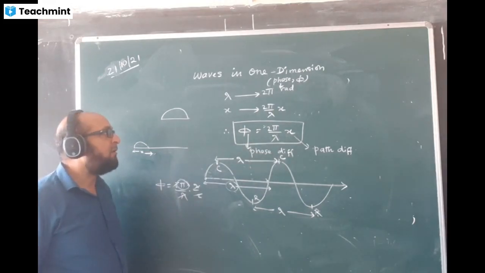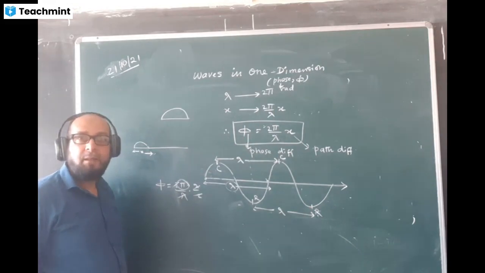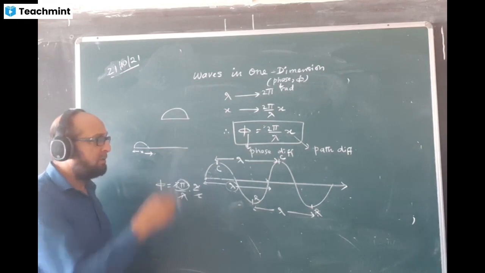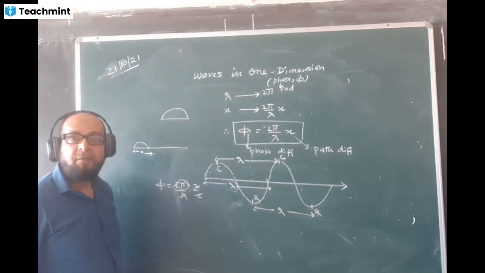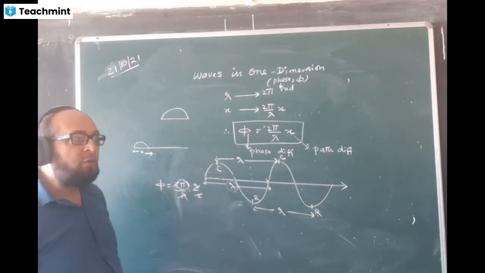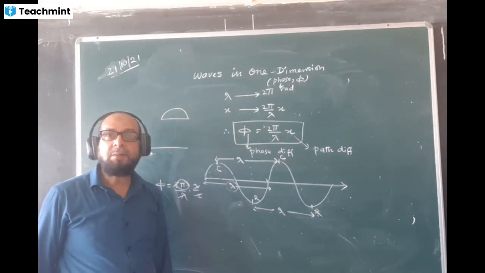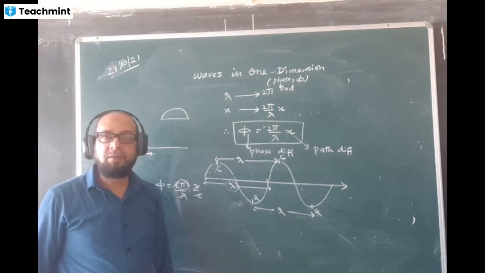So you learned the formula phi is equal to 2 pi x by lambda, or 2 pi by lambda into x. And for any wave, the equation v is equal to f lambda is applicable. There are two types of wave, longitudinal wave and transverse wave.